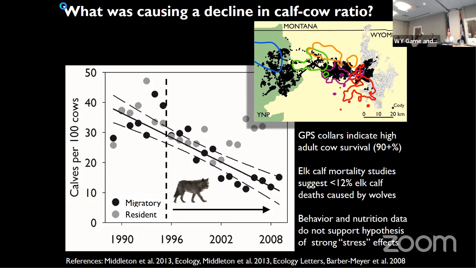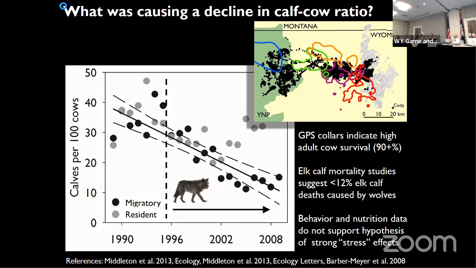Calf mortality studies in adjacent areas showed that predation, and I'll talk more about this later, wasn't able to explain a decline of this magnitude in elk calf ratios. And we also had a major component of the work, which I'm just glossing over, asking about potential stress effects of wolves on the reproductive performance of elk cows, for which we found little or no evidence at all.